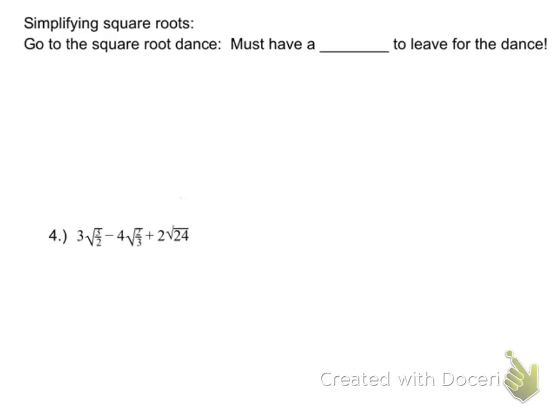Okay, so now we are going to talk about simplifying square roots. To simplify square roots, I always like to say go to the square root dance. I've been using that for years. The number one rule here is you must have a partner.